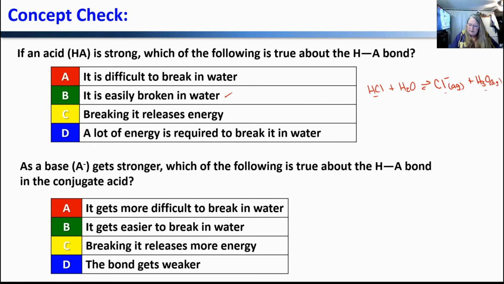It's just like this. My HCl bond is going to break really easily, and I'm going to form something that has a really small equilibrium constant. So what that tells me is that the bonds over here are much stronger than the bonds here. So these are going to be pretty weak bonds.